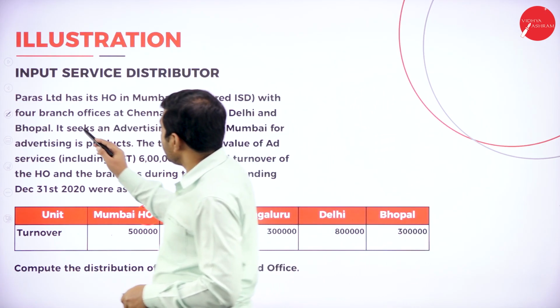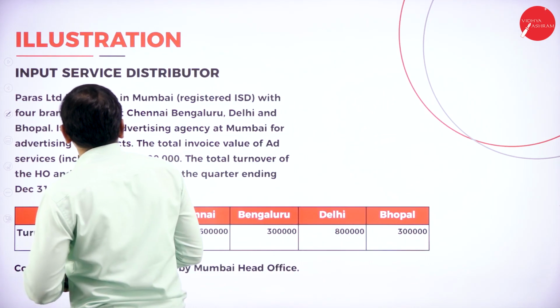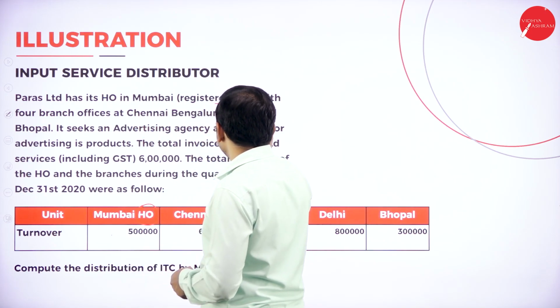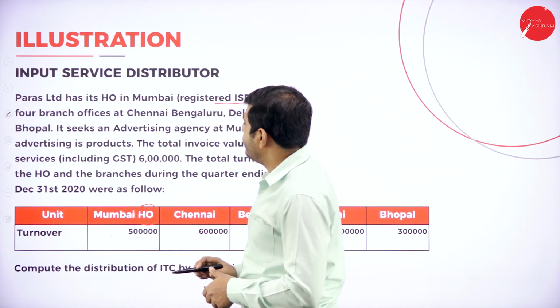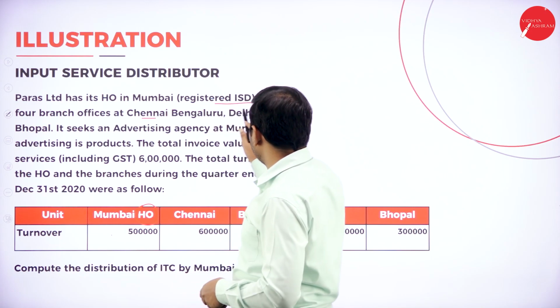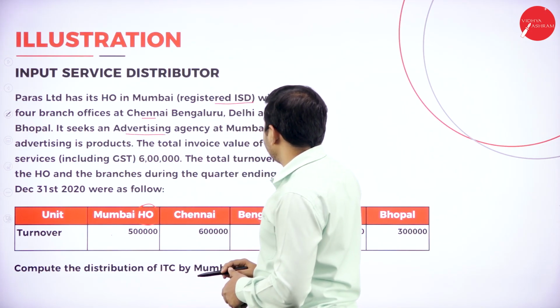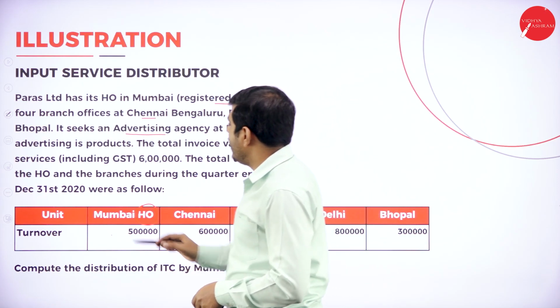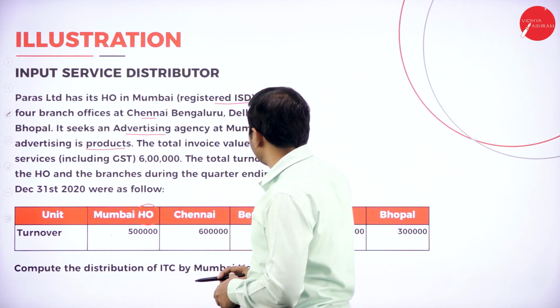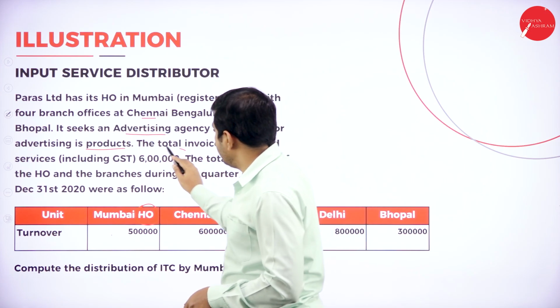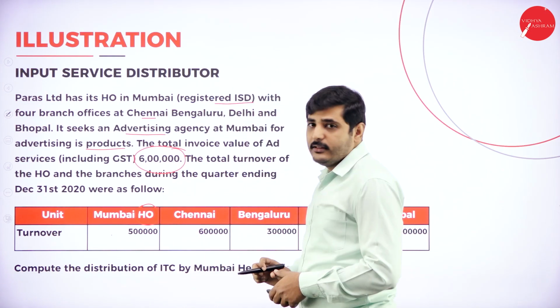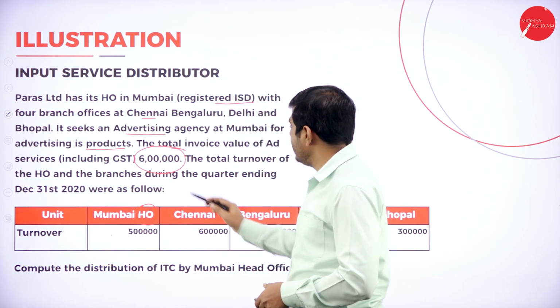Paras Limited has its head office in Mumbai, registered as an Input Service Distributor, with 4 branch offices in Chennai, Bangalore, Delhi and Bhopal. It hires an advertising agency at Mumbai for advertising its products. The total invoice value, including GST, is 6 lakh rupees.